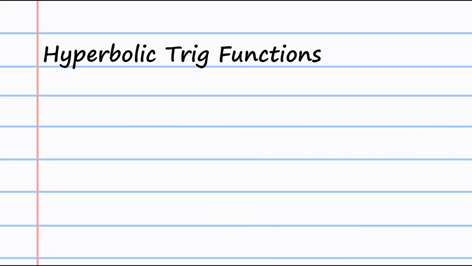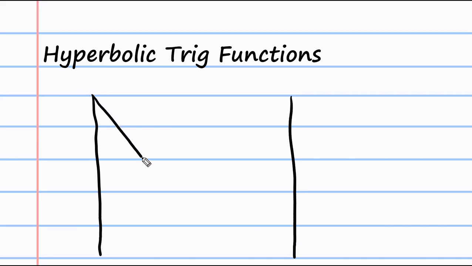So why do we use hyperbolic trig functions? Well, we use hyperbolic trig functions because they are found really commonly in nature and in physics. One example is if we have two poles like this and we hang a rope like this.